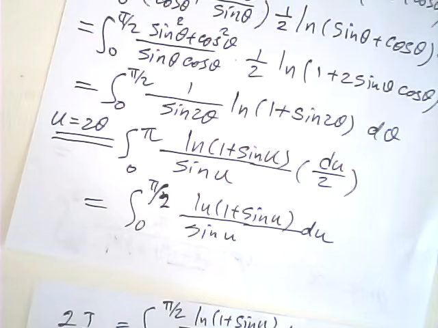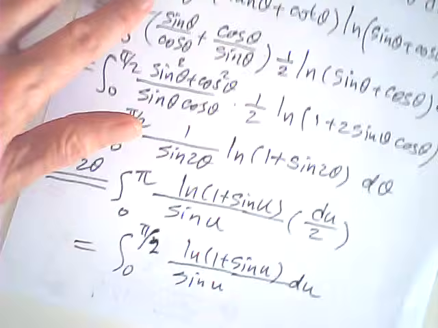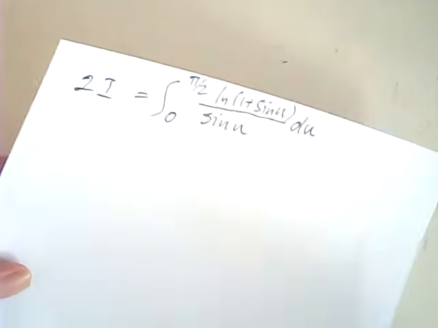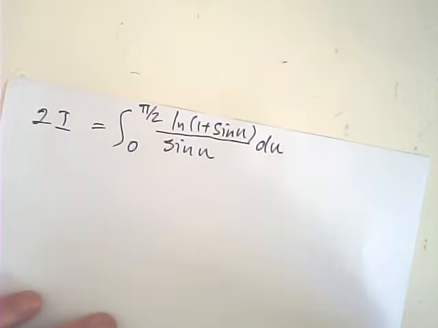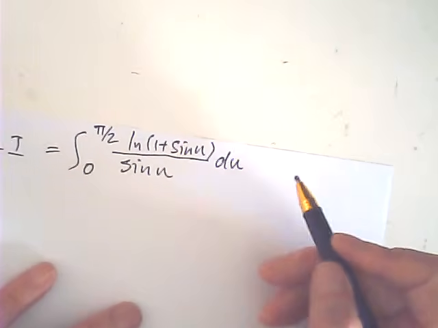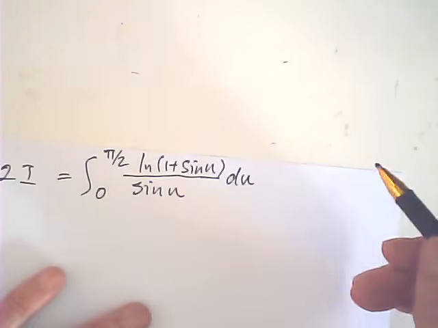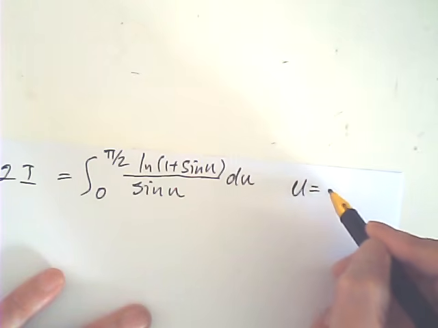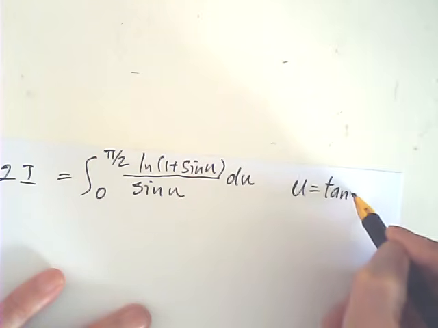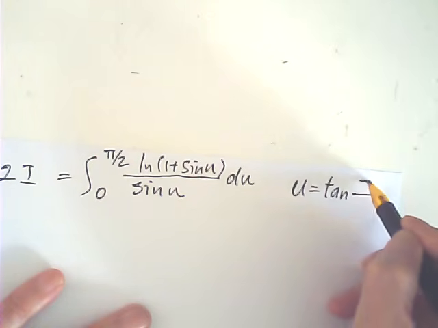All right, good. Now then, from here, I use a Weierstrass substitution, which means that u equals tangent half t.